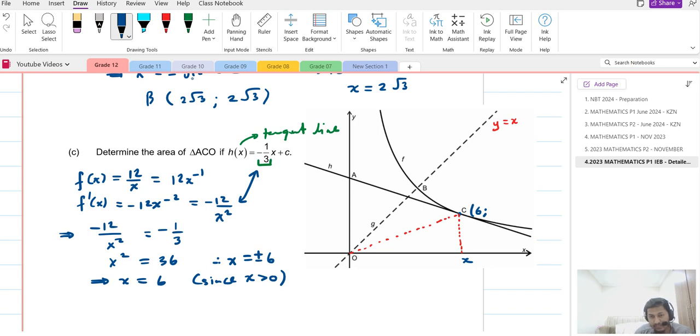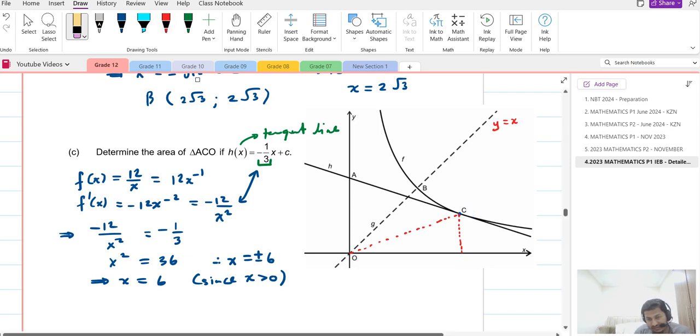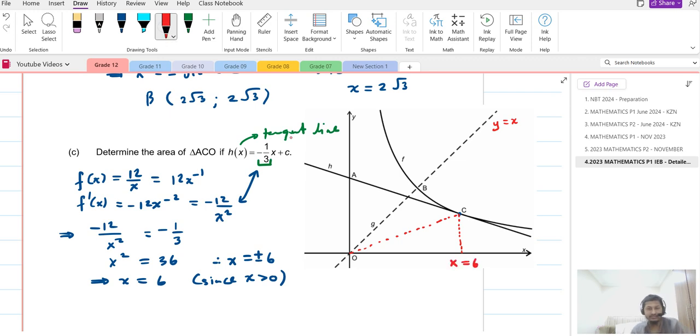Alright, so what we have is x equals 6 here. Now we're going to take 6 and substitute it into the original equation. In other words, find f of 6, which is the y value. f of 6 is 12 over x, 12 divided by 6, which is 2.